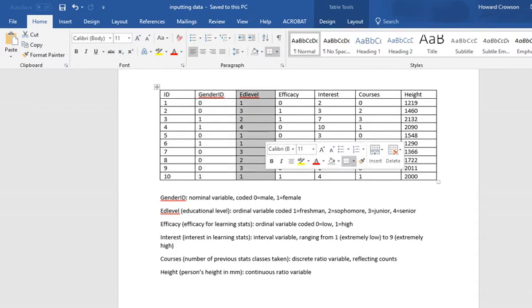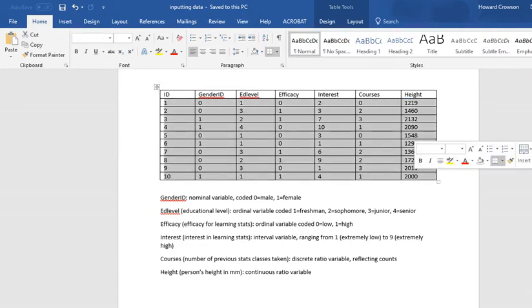Ed level is reflecting essentially educational level, efficacy, interests, courses, and height. So we're going to set up all of these columns in the Excel program, and then we're going to enter the values on each of those variables below.